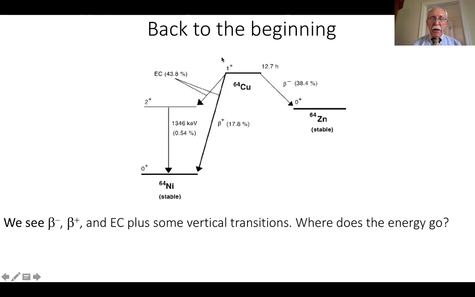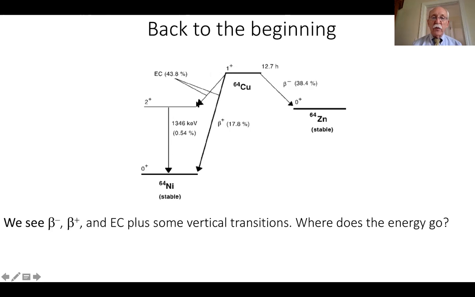Sometimes, instead of beta plus decay, an atomic electron is actually consumed with a proton in the nucleus to create a neutron. And the effect is the same. We've reduced the atomic number by 1, and it looks like it could have been a beta plus, but in fact, we never see a beta plus coming out.